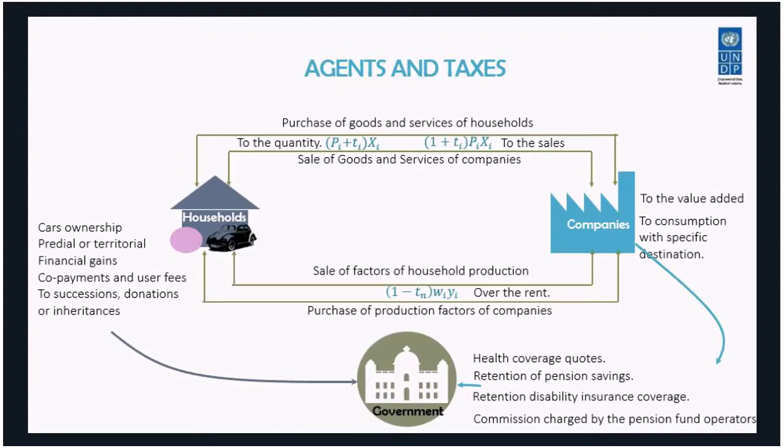These identities are just here to express the different types of taxes, both direct and indirect, the relationships between companies and households, who is in charge of administering those taxes, and how the tax burden works, if you want to say it like that.